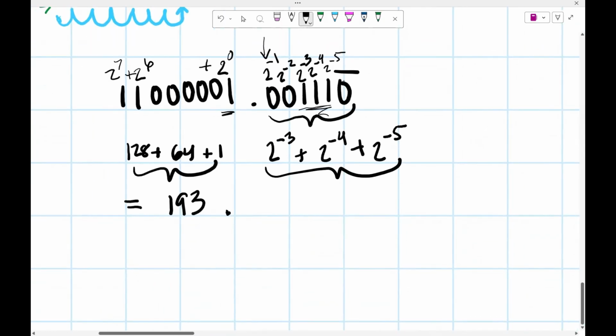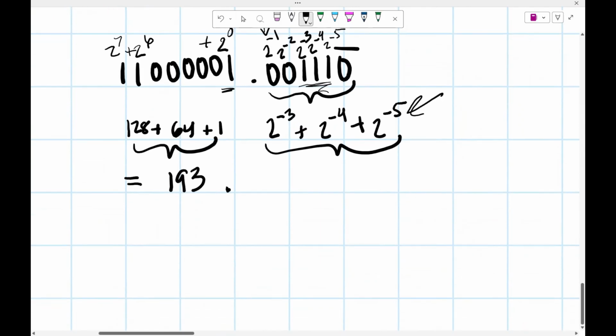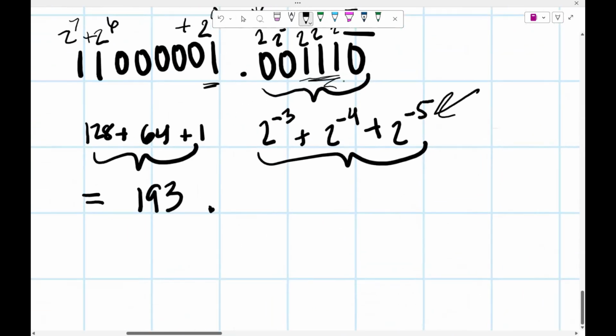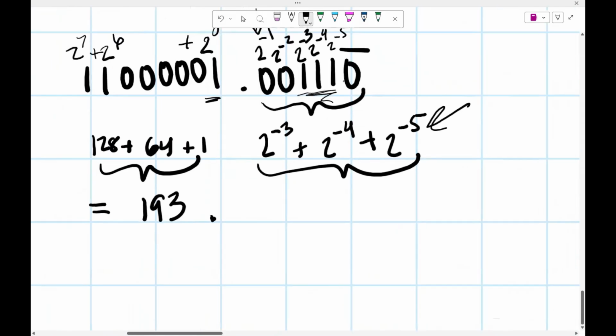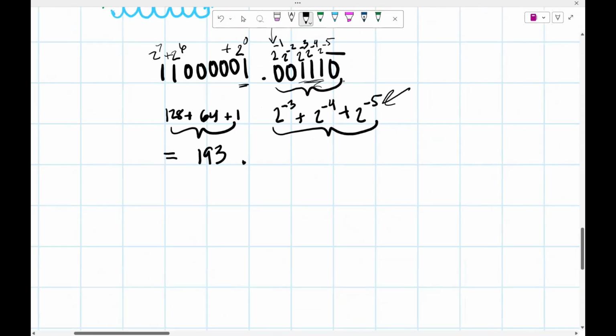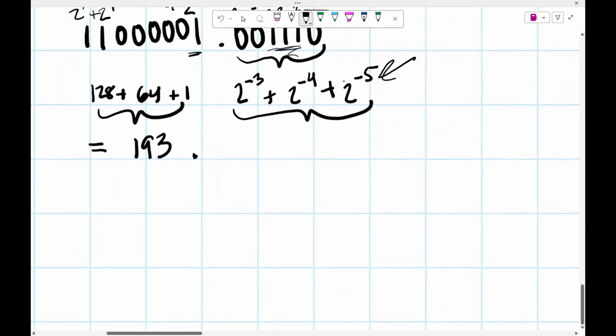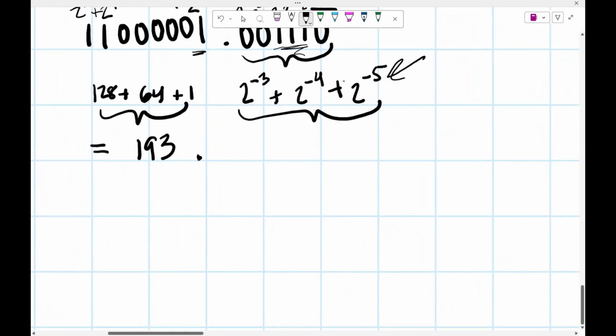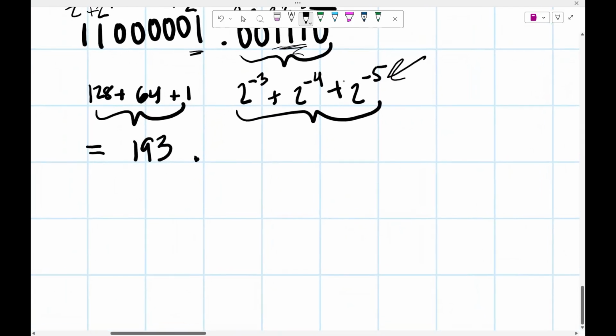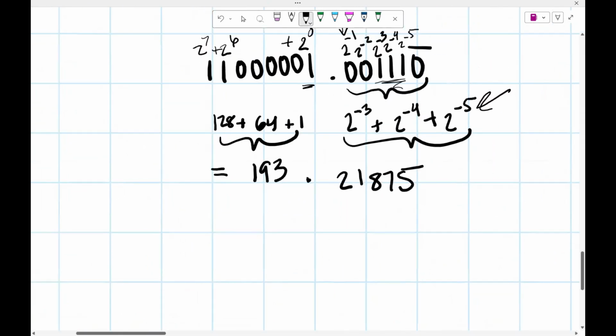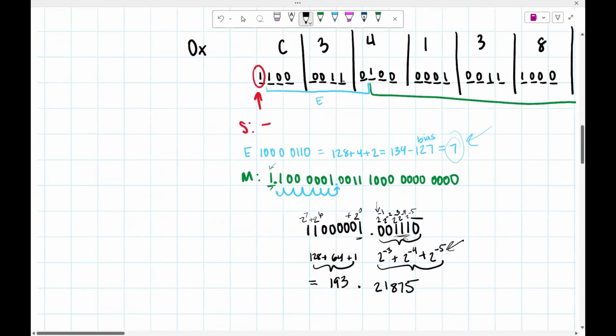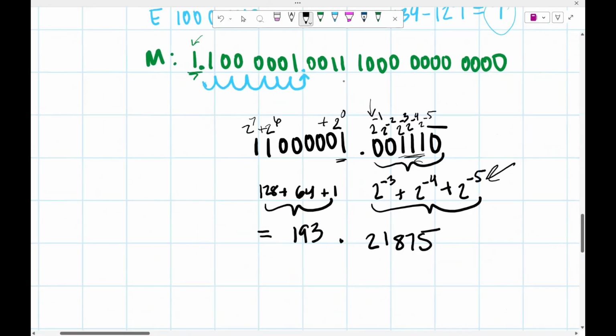You can just plug that into your calculator, unless you know what fractions those are. But I think it's just easier if you put it in your calculator. So after I put this into my calculator, I was able to get 1.875. And remember, our sign we had earlier was negative, so we need to include that.